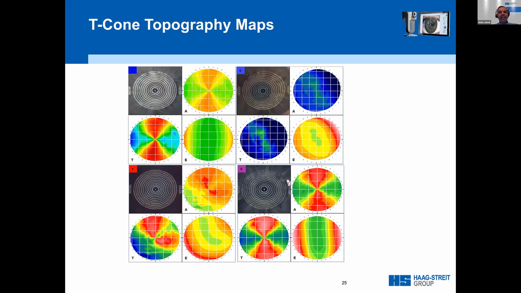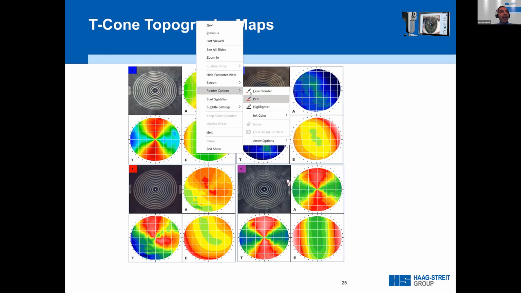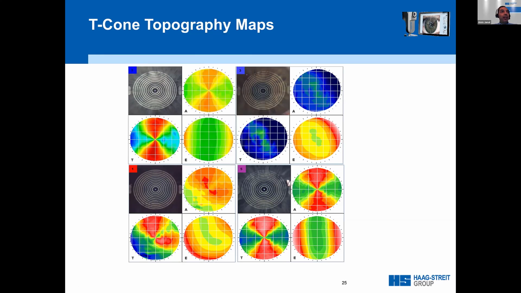The idea here is we are looking for regular butterfly shape astigmatism, like the case here. We are looking for this shape or this shape. If we have asymmetric or irregular corneal shape, this patient is not a toric candidate.